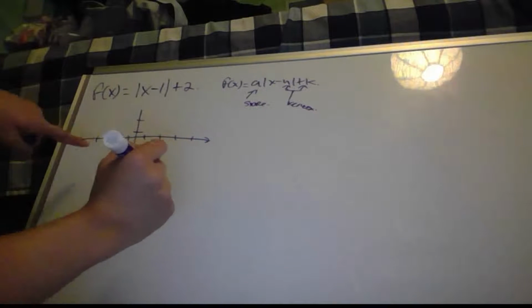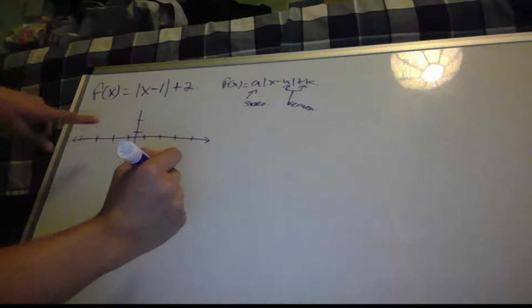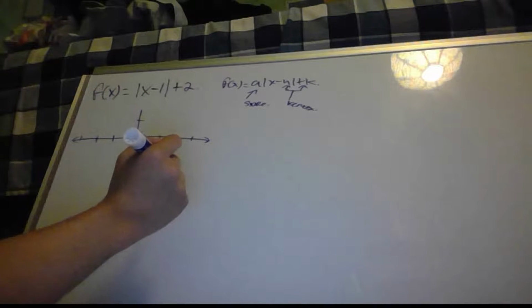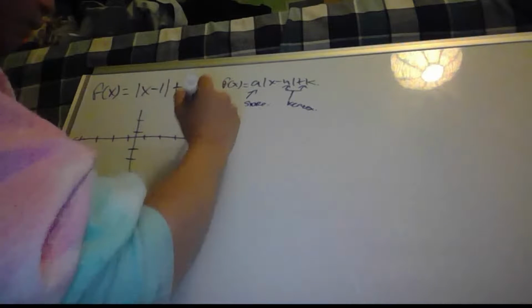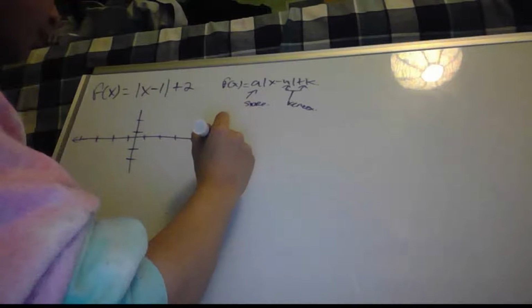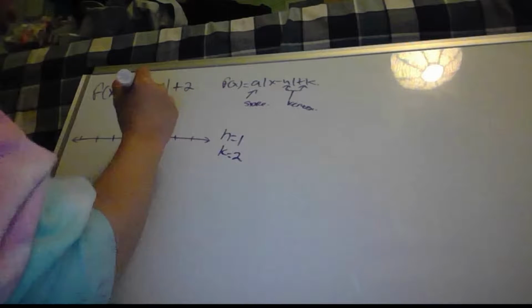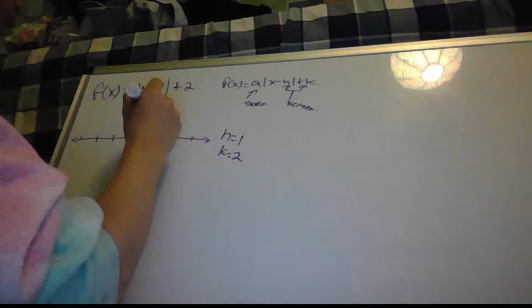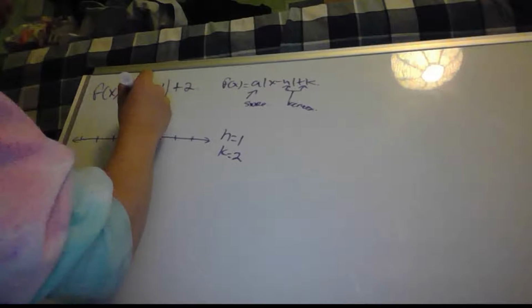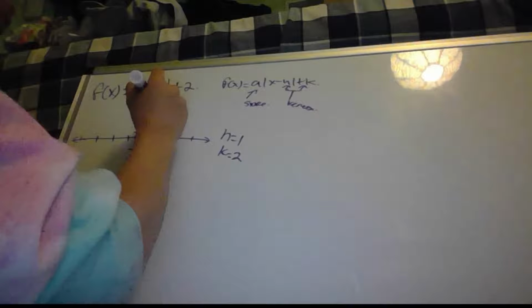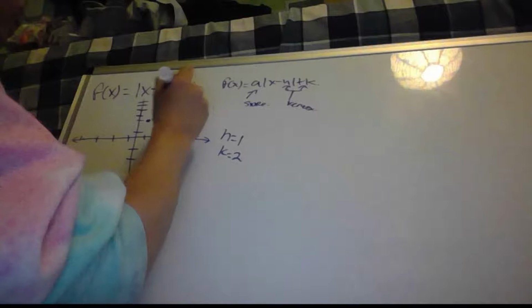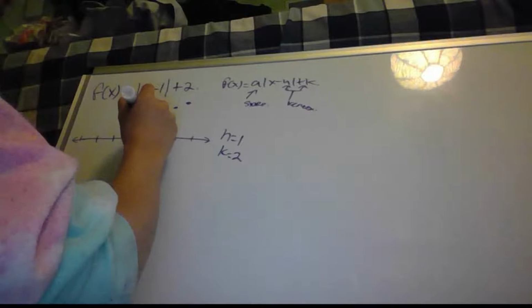So the vertex, which is our middle point, we do x minus 1, so h is 1, right? K equals 2, so we're going to do 1 comma 2, and we're just going to go up 1, 1, 1, and then we're going to do the opposite, right?